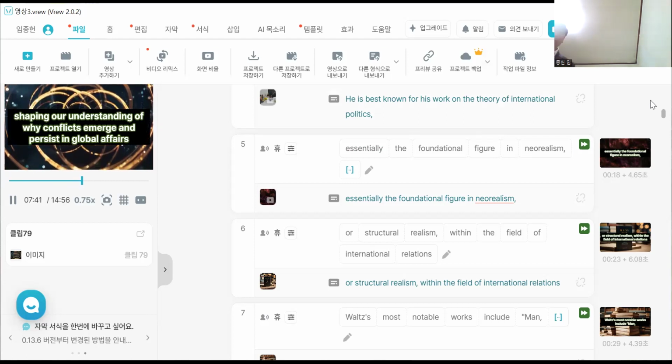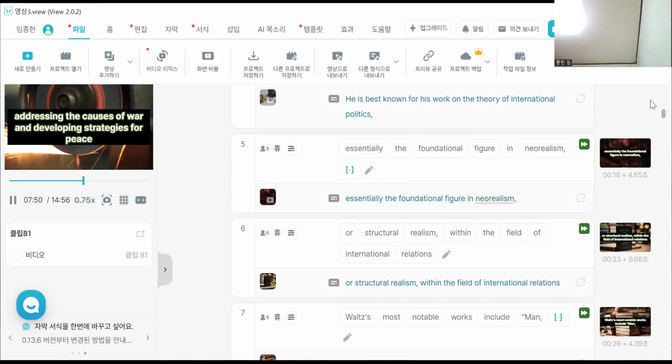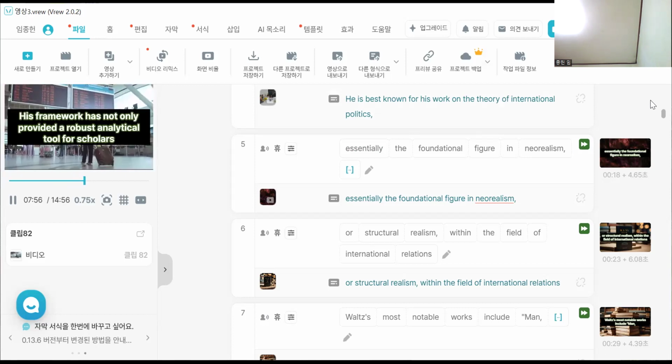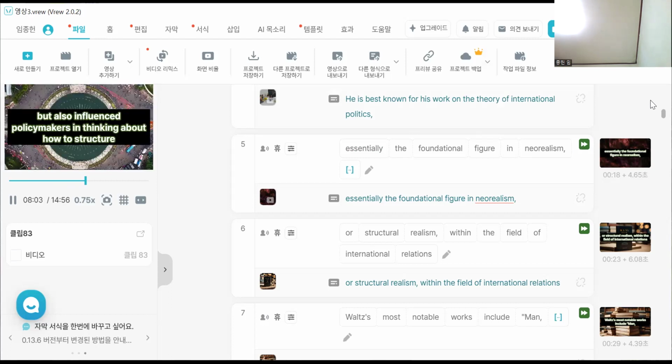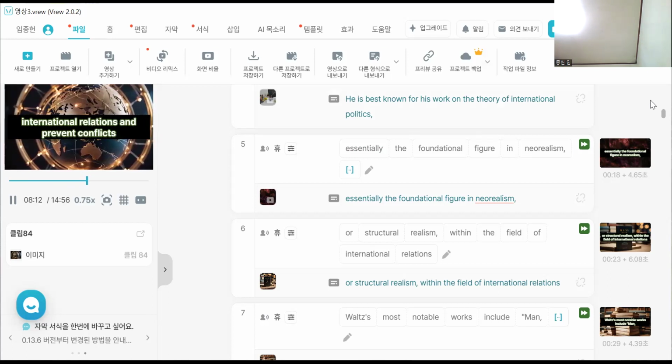Waltz argues that understanding these three images is crucial for comprehensively addressing the causes of war and developing strategies for peace. His framework has not only provided a robust analytical tool for scholars, but also influenced policymakers in thinking about how to structure international relations and prevent conflicts.